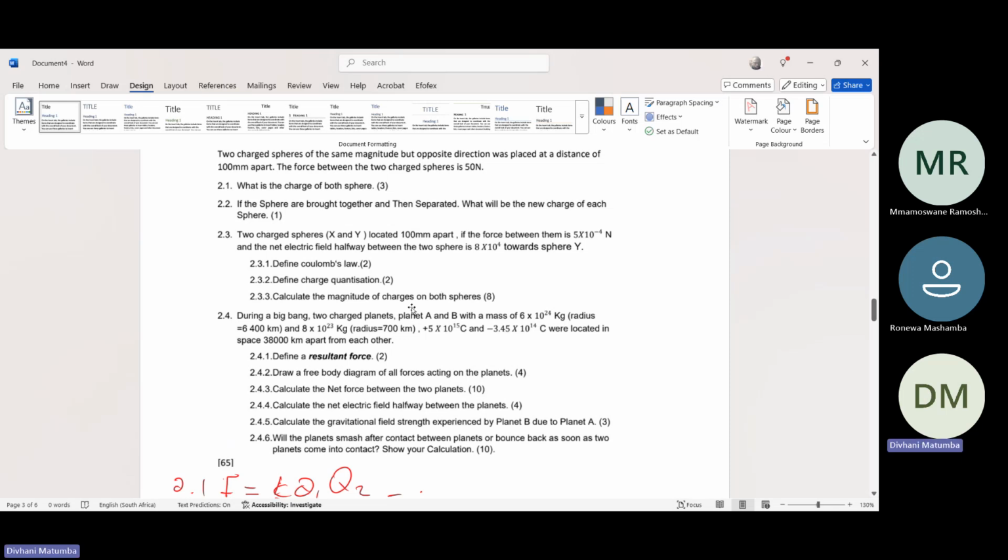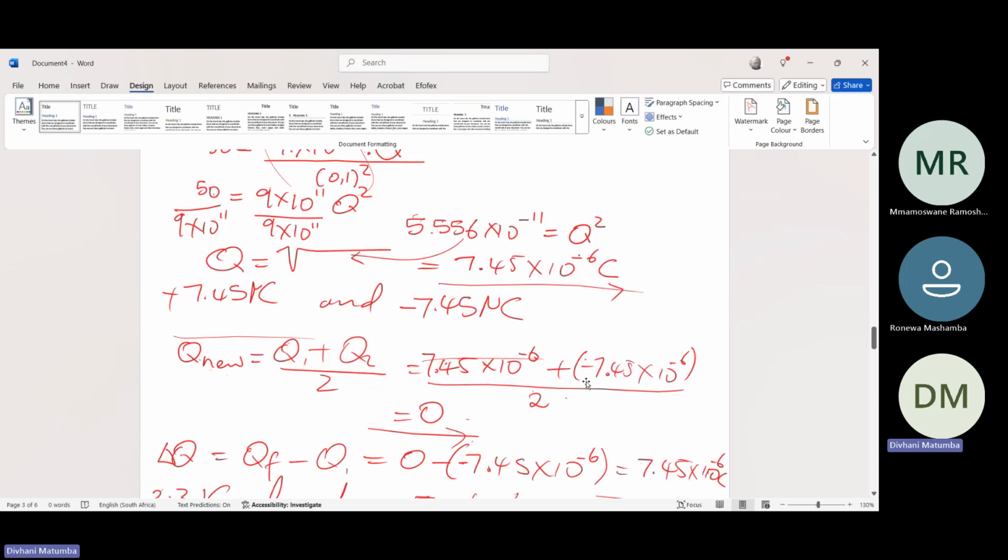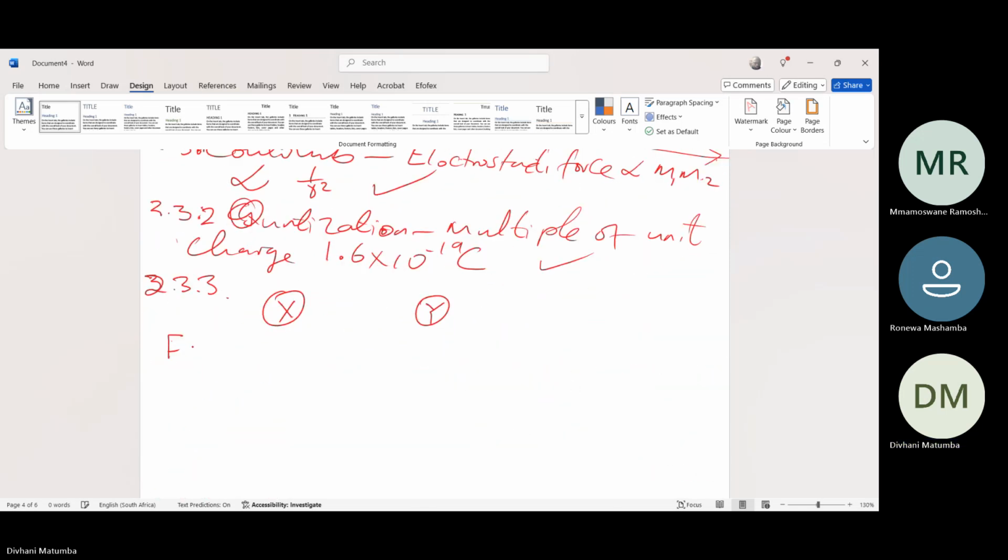Okay, first of all, we were told that there's a force between them. And what is the magnitude of the force between them? Five times 10 to the power of negative 4.